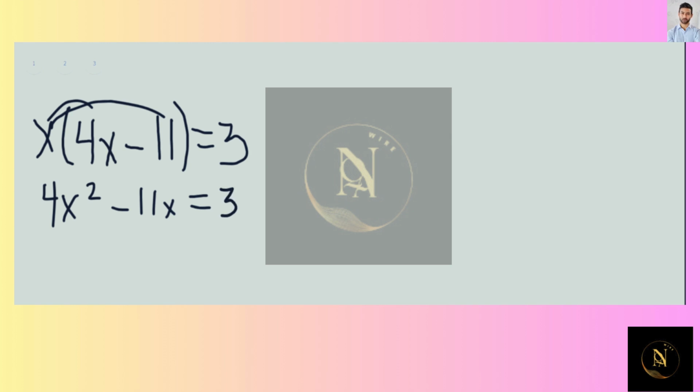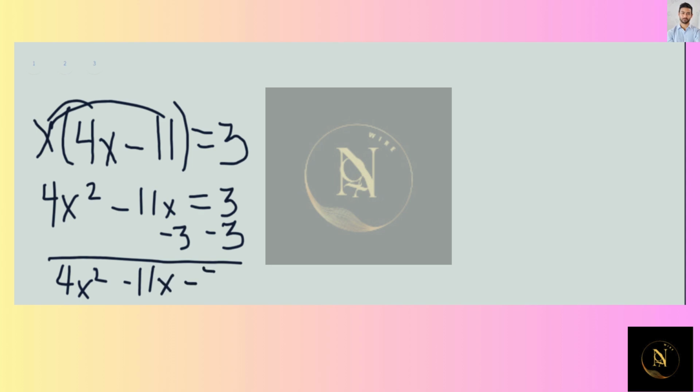Standard form requires that our quadratic be set equal to 0, so I'm going to subtract 3 from both sides, and this will give me my quadratic in standard form, which is 4x squared minus 11x minus 3 equals 0.